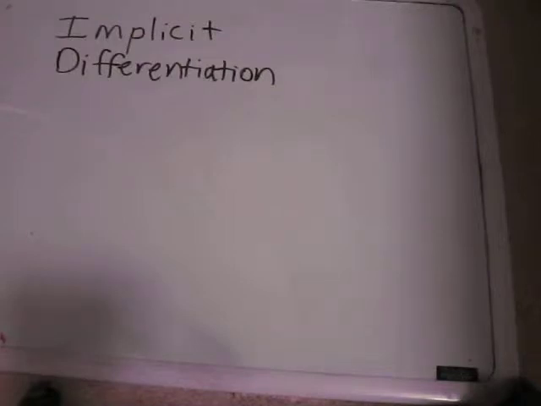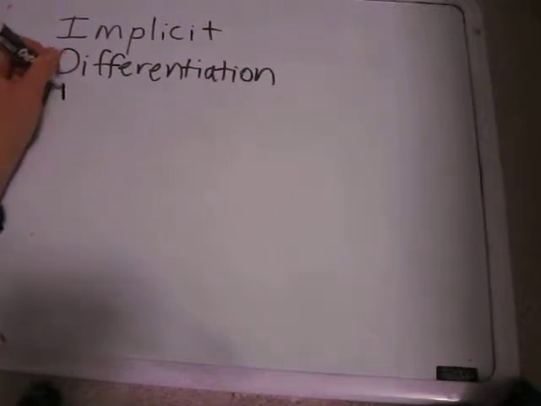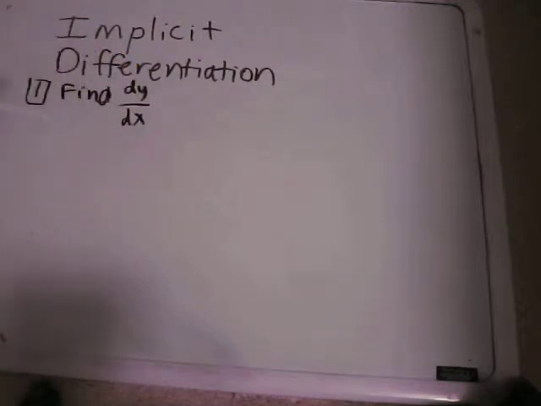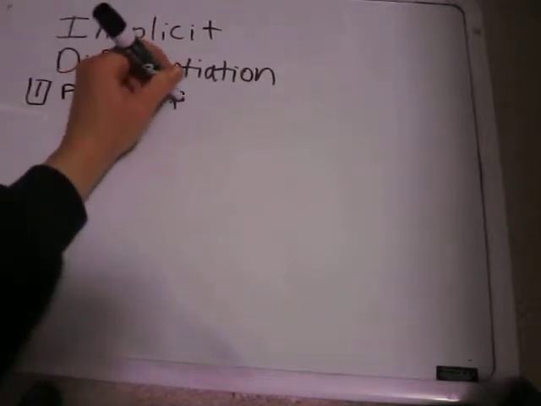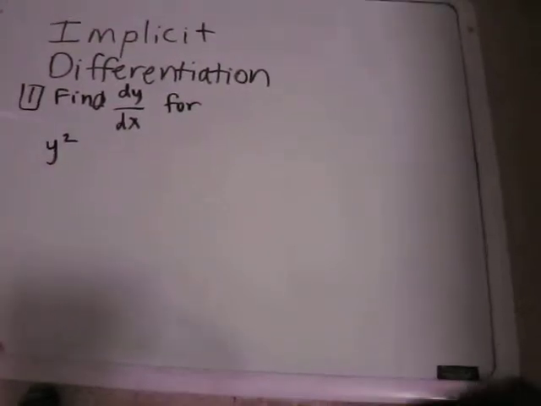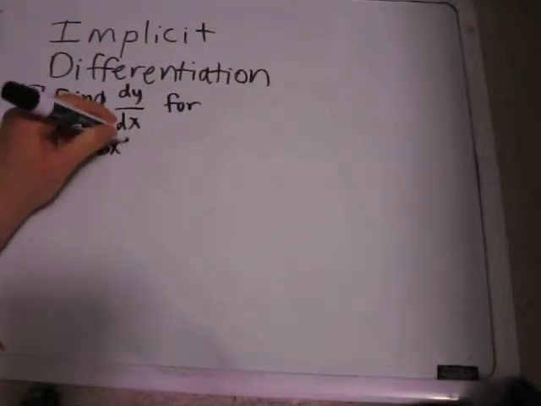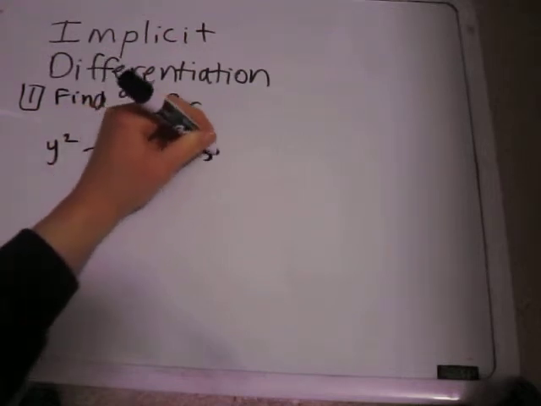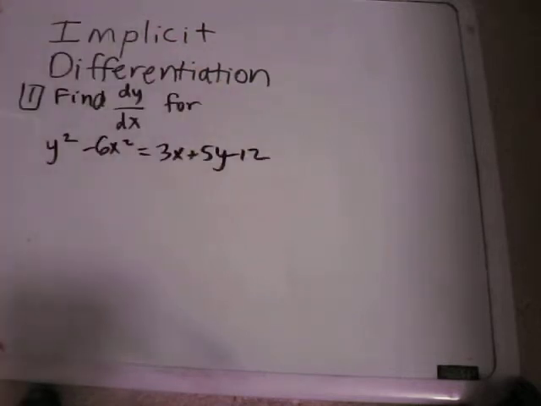Example 1: find dy/dx for the function y squared minus 6x squared equals 3x plus 5y minus 12.